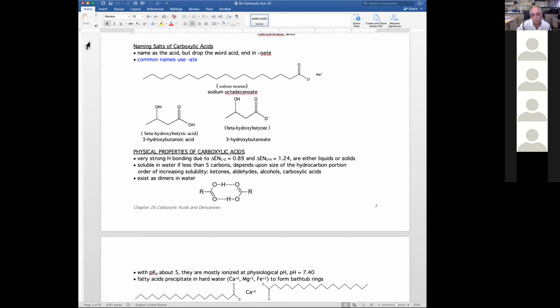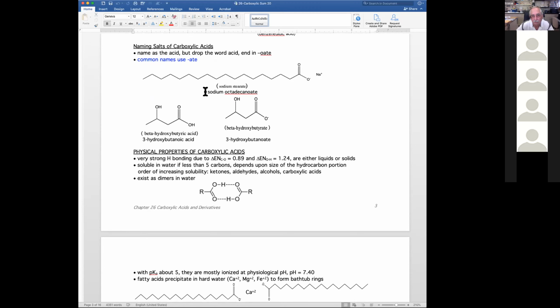So what about naming salts of the carboxylic acids? You name it as the acid, but you drop the word acid and you make it end in -oate. So -oic becomes -oate. And the common names simply use -ate. So here's an ionized carboxylic acid. They took stearic acid or octadecanoic acid and treated it with probably sodium hydroxide.